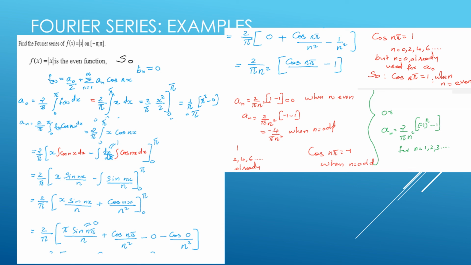But what is cos n pi? Cos n pi is equal to 1 for n equal to 0, 2, 4, etc. But 0 is already used, so 2, 4, 6 is remaining.